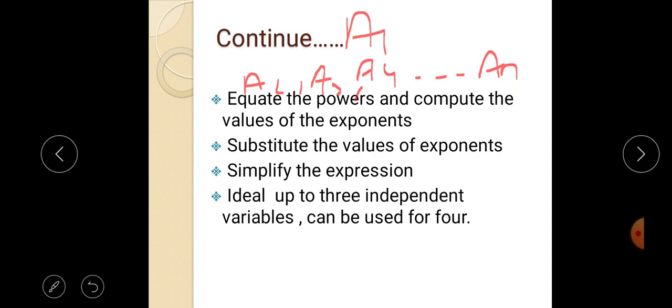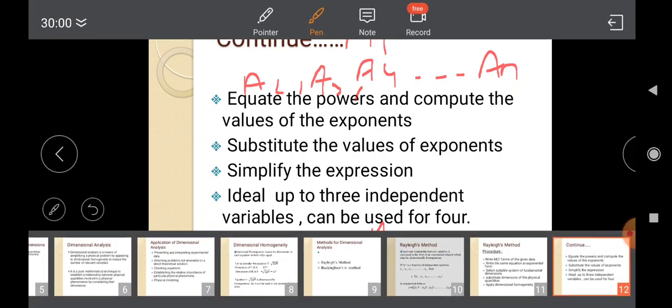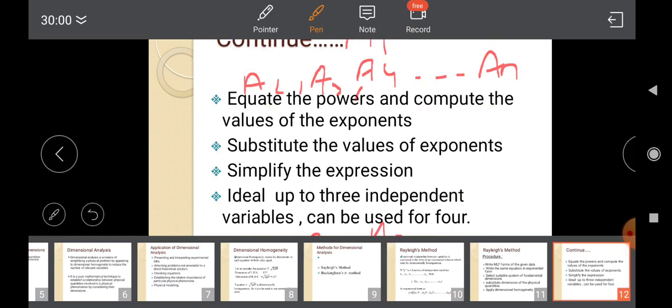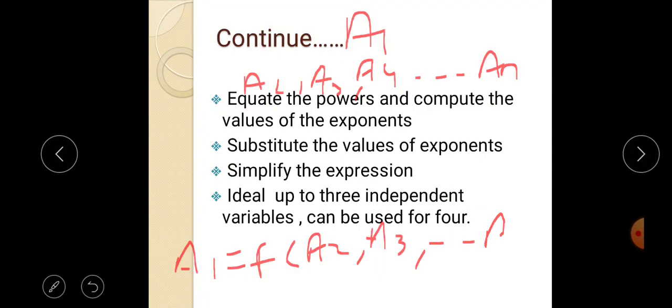So the functional equation can be written as A1 as a function of A2, A3 and so on An.